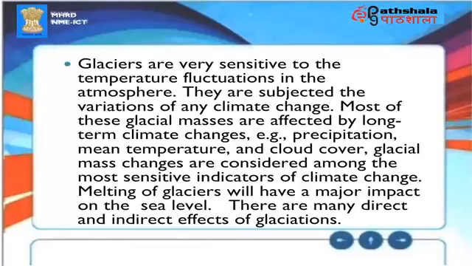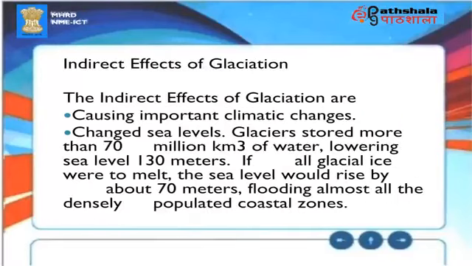There are many direct and indirect effects of glaciations. Indirect effects of glaciation. The indirect effects of glaciation are causing important climatic changes and changed sea levels. Glaciers stored more than 70 million cubic kilometers of water, lowering the sea level by 130 meters.